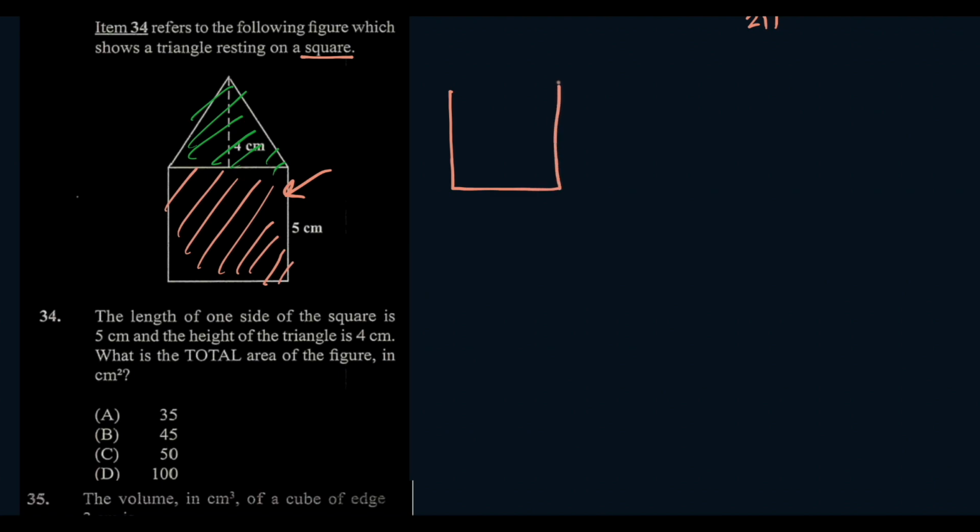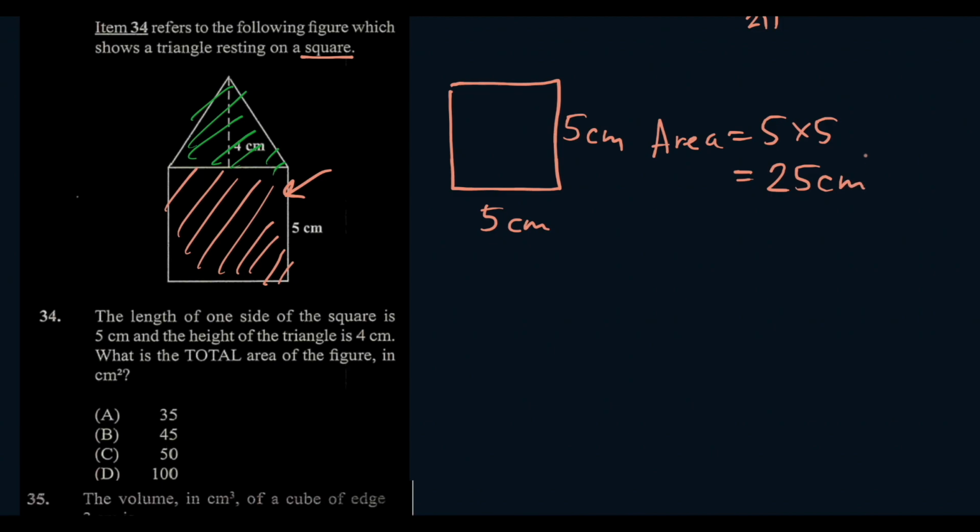So the area of this square, remember it's 5 centimeters by 5 centimeters. So the area for this particular one would be 5 times 5, which is equal to 25 centimeters squared. Now this one here is a triangle. Remember, the area of a triangle is half the base times the height. The base for this one is 5 because it shares the same base as the square. So here's 5 centimeters, here's also 5 centimeters.